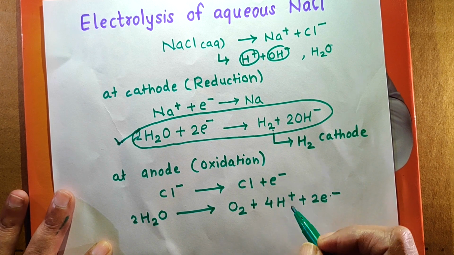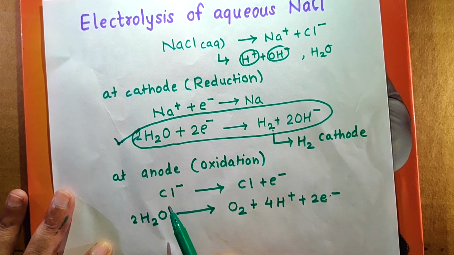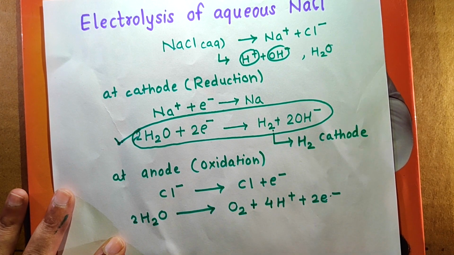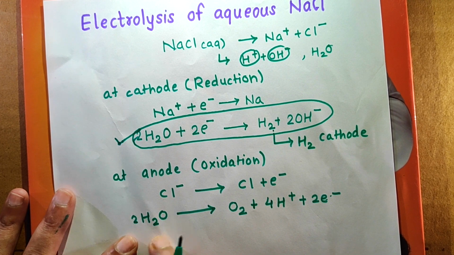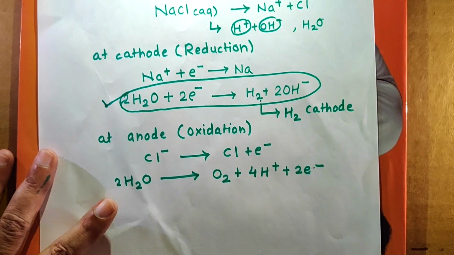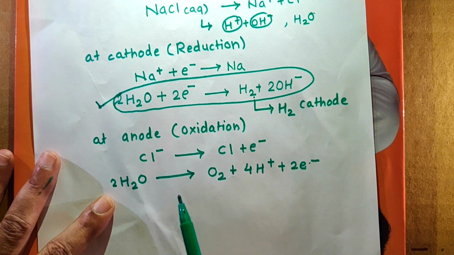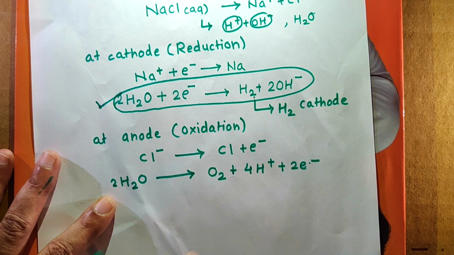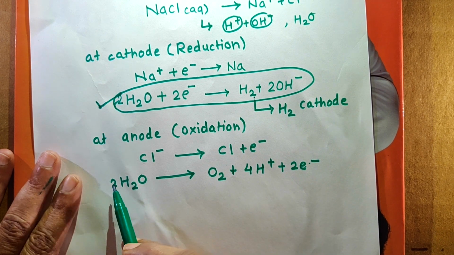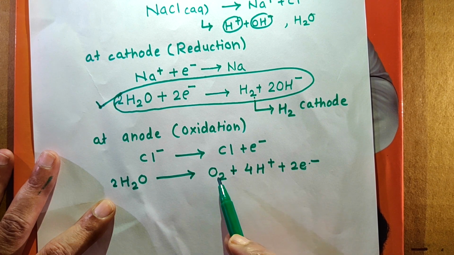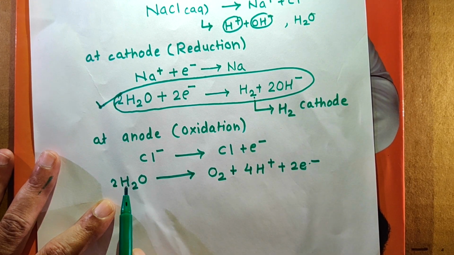Again here, if you compare the tendency of Cl- ions and H2O molecules, the tendency of H2O molecules to lose electrons is more than the tendency of Cl- ions to lose electrons. That is, H2O molecules have more tendency of losing electrons than Cl- ions. So we expect that H2O molecules must oxidize to give oxygen gas, and so the reaction which takes place at anode must be this.